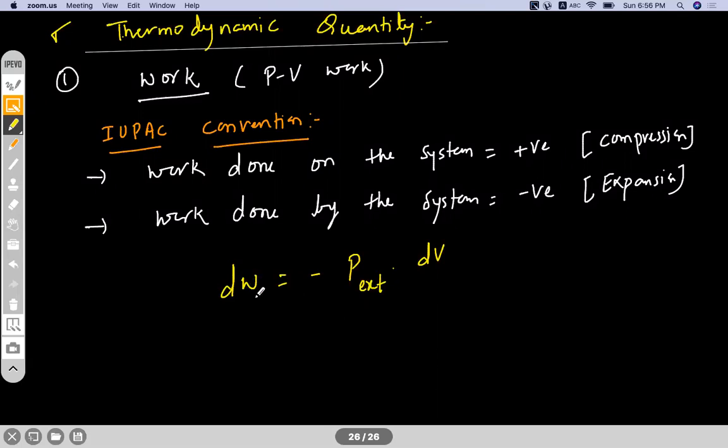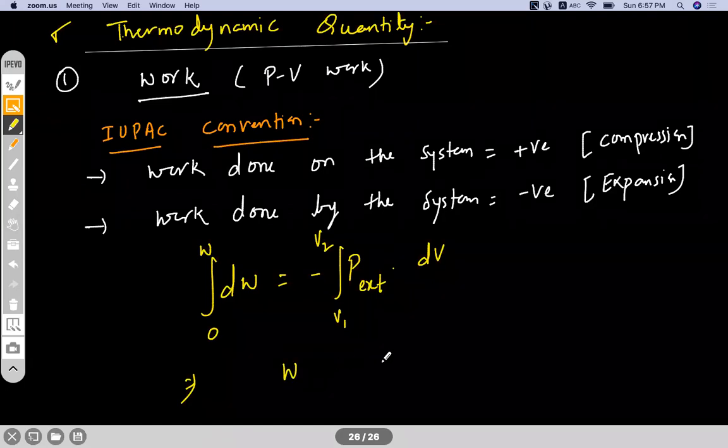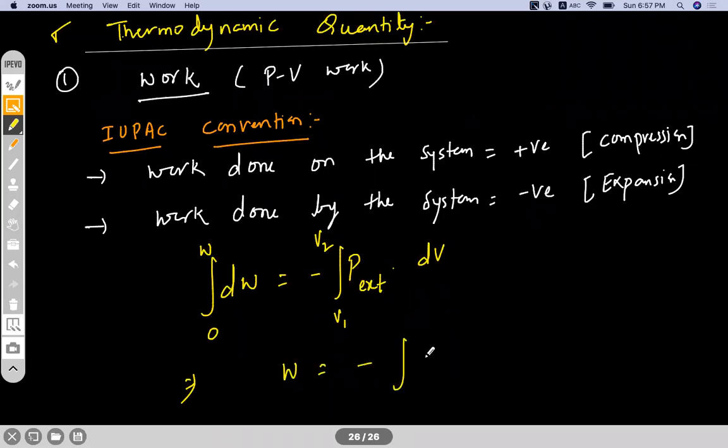Okay, so this is the relation we have. Now in this, if you find out W, we have to integrate it, V1 to V2 and 0 to W. Correct? So W equals minus integral of P external dV from V1 to V2.